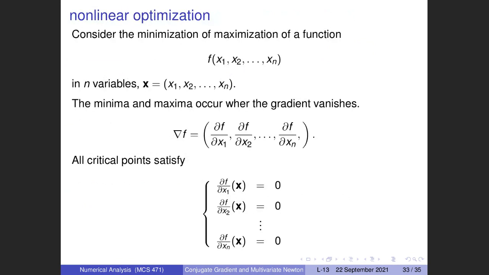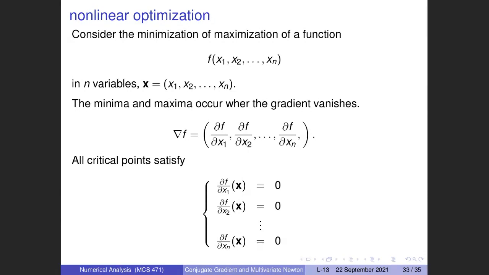Last slide almost. So where do the Hessians then come in? Well, if you consider the application of Newton's method to minimize or maximize a function, then you will look at the nonlinear system that is defined by the gradient.